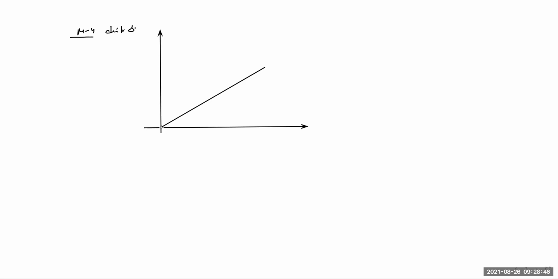All right. So in time t, how much do you travel? If you're throwing this way, v naught t. And in the same time, you have traveled down by half g t square.